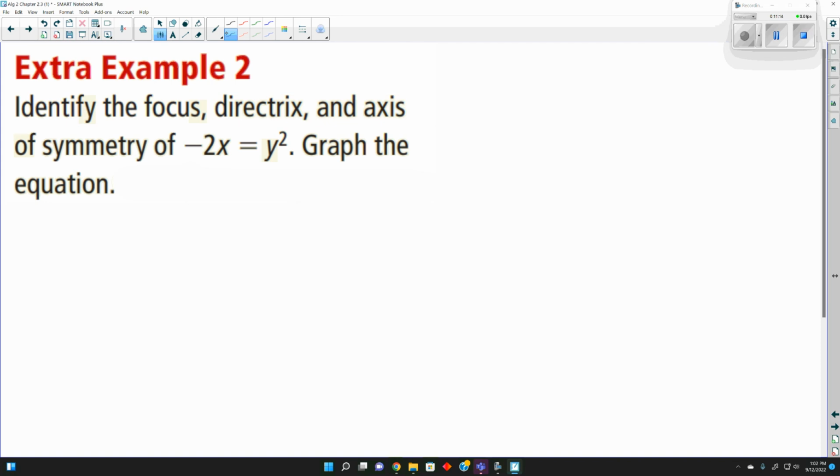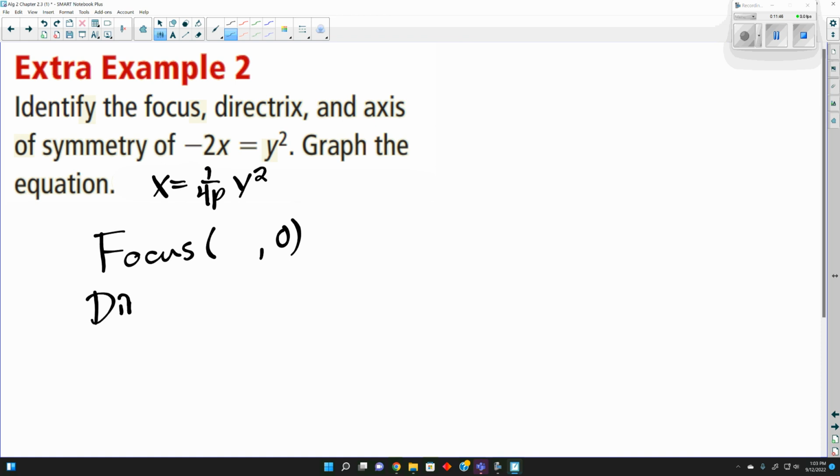So which one's being squared? The y is being squared, yes? So we're going to match it up with the general form. Our x is equal to 1 over 4p times y squared. Well, our focus is the point p comma 0. Do y'all feel comfortable knowing where we're going to put p in place? So we can just write it as blank comma 0. We can leave a space for the value of p. Our directrix is x is equal to negative p.